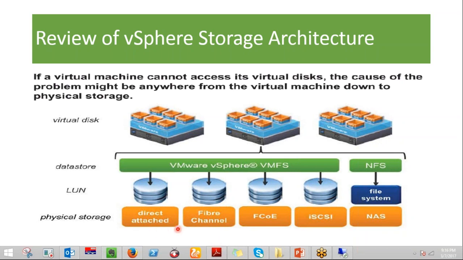So if storage is connected direct attached, what is it called? I'm asking a few questions, hope you guys answer. Direct attached is called DAS. It looks like a storage box.